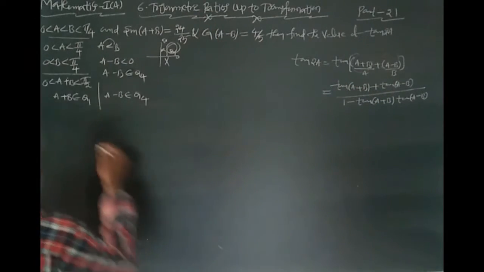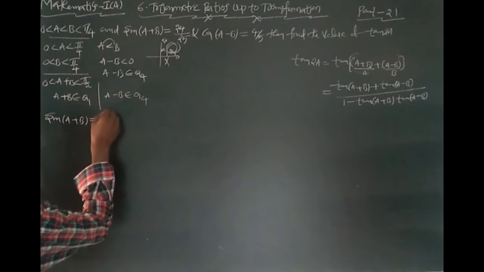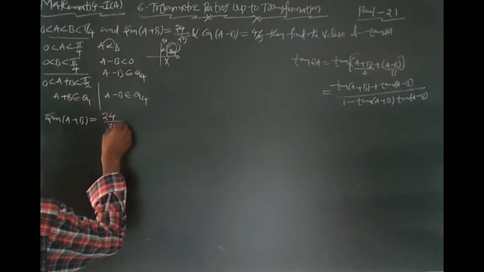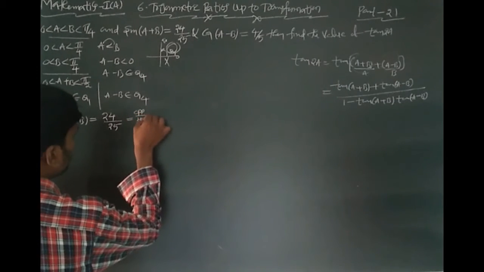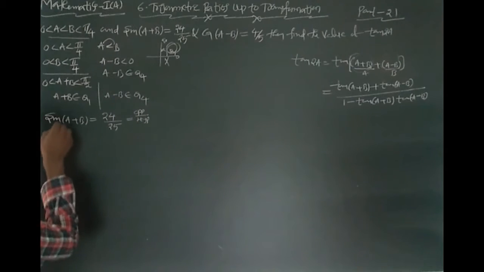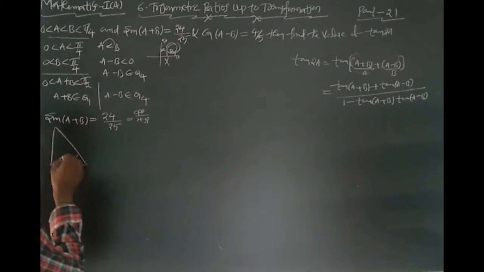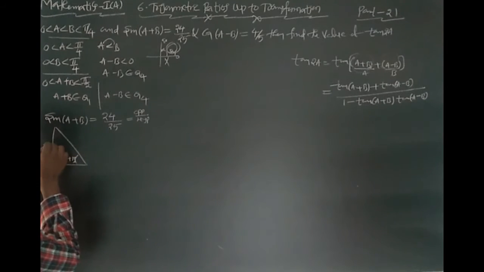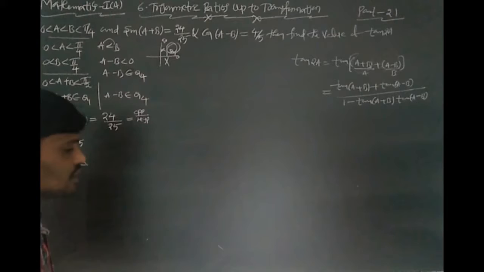First, sin of a plus b is equal to 24 by 25, nothing but opposite by hypotenuse. First, you can draw a right angle triangle for Pythagoras, where this angle is a plus b. Opposite is 24, hypotenuse is 25.